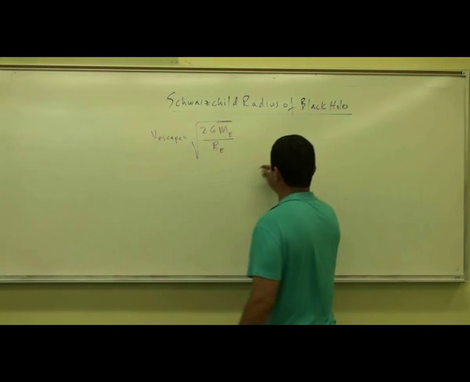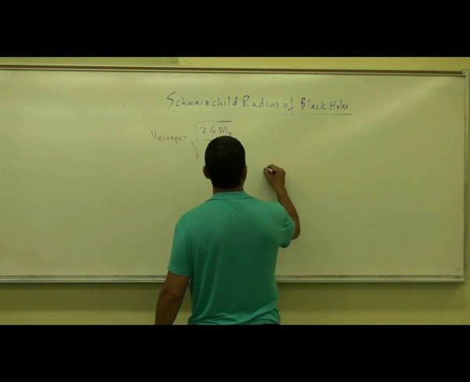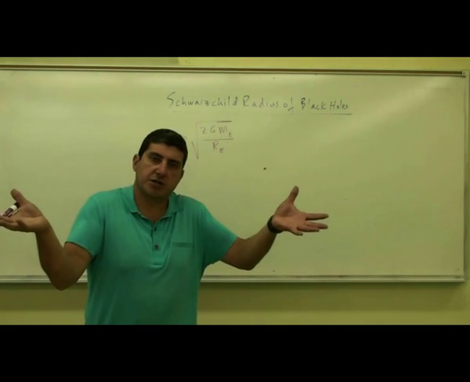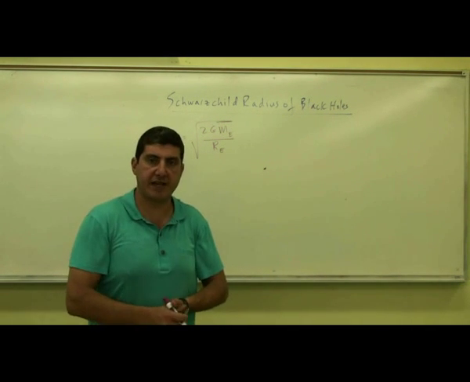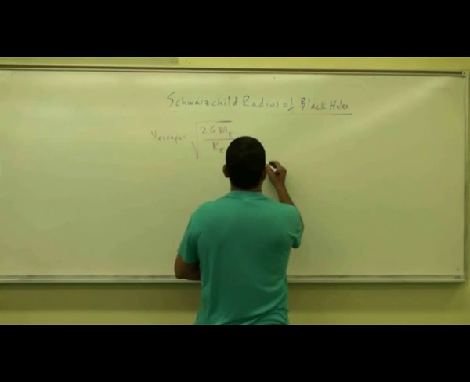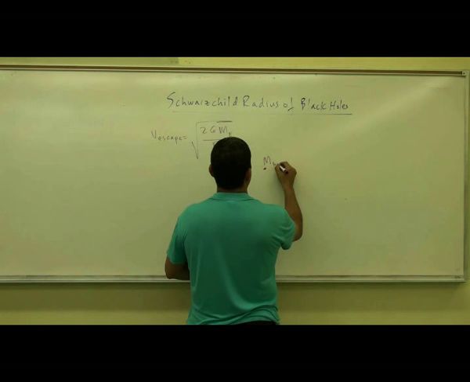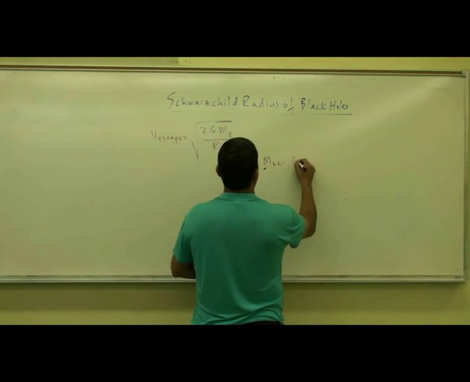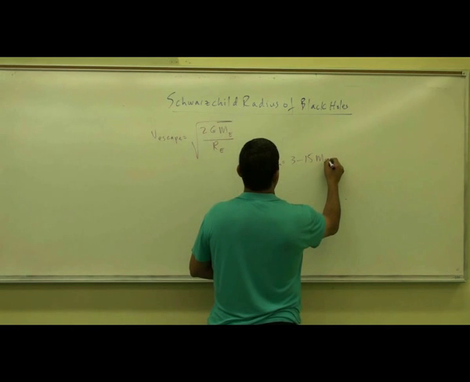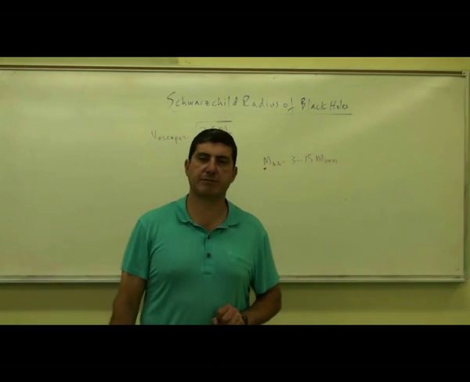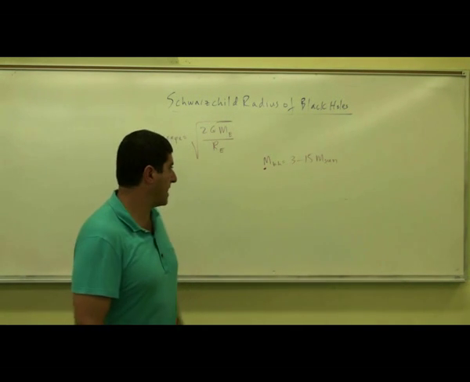So we have some entity here which has mass, and it's a singularity, so it's basically infinite curvature of space-time. Usually the mass of black holes ranges from about 3 to 15 solar masses, the mass of the sun. The minimum mass of a black hole could be about 3 solar masses.